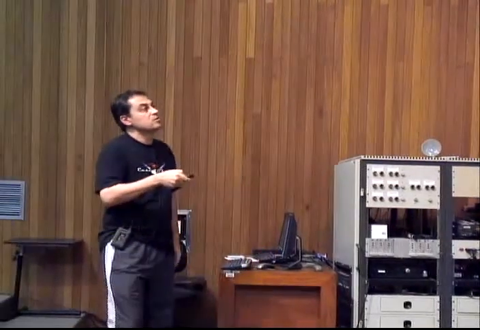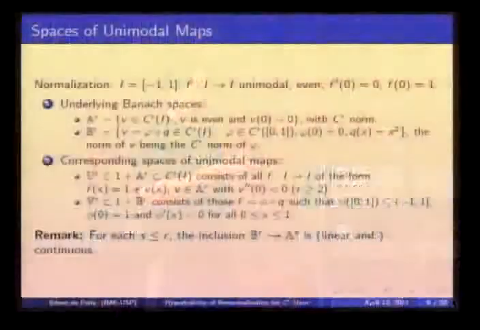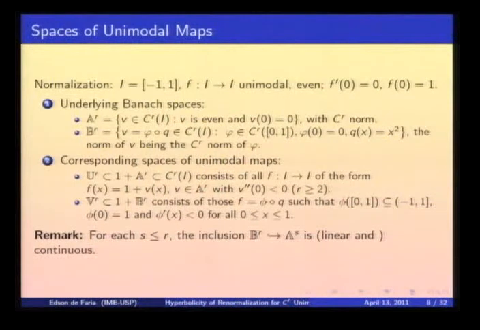And V_r is something similar. It's the space of unimodal maps which are compositions of certain diffeomorphisms with x goes to x squared. The situation is such that the B_r's and the A's are related in this fashion. Each B_r is contained in an A_s provided s is less than or equal to r.